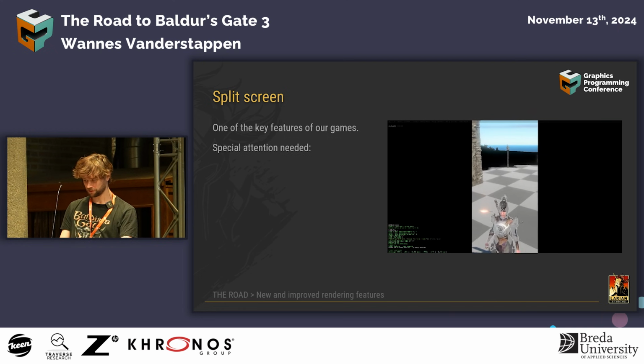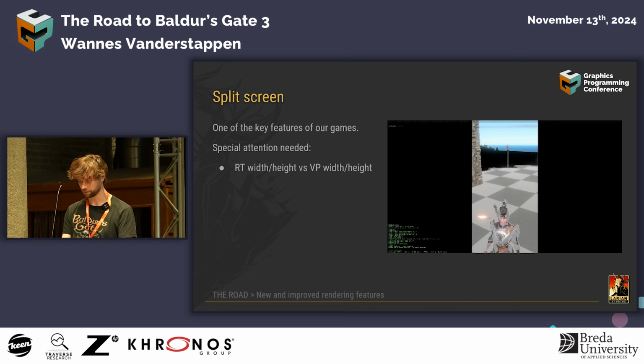So there's a couple of things you need to pay attention to when working with multiple viewports. All quite straightforward, but you need to pay attention that your render target and viewport width are not necessarily the same. You also need to manually clamp sampling locations, because you cannot rely on the sampler state address mode all the time.